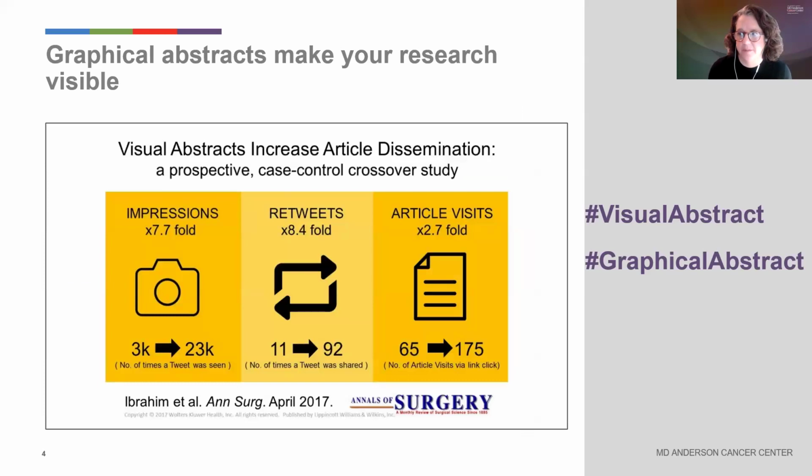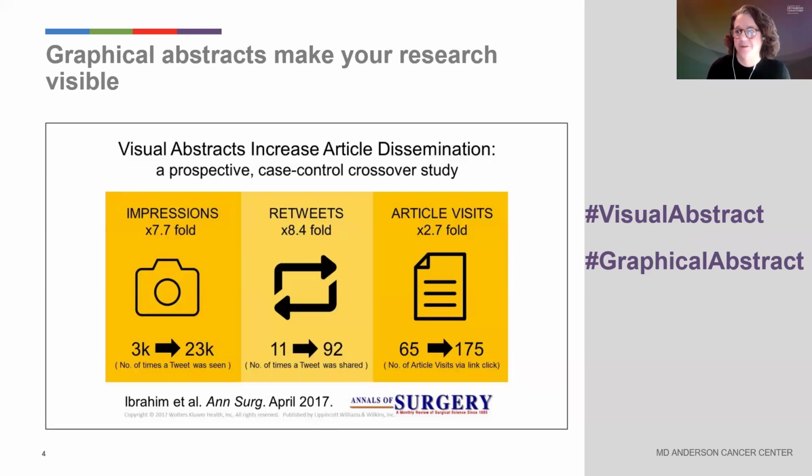And there is some empirical evidence that visual abstracts increase engagement either with the abstract of your article or even the full text. So this study from 2017 compared tweets that contained a visual abstract with tweets that just had the titles of the articles.